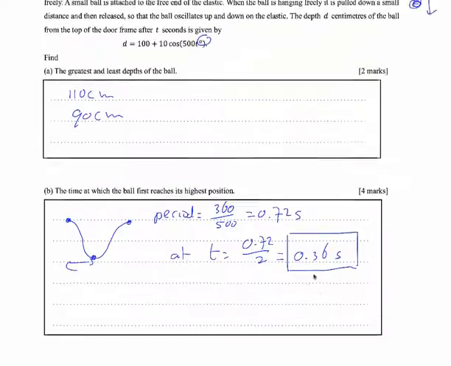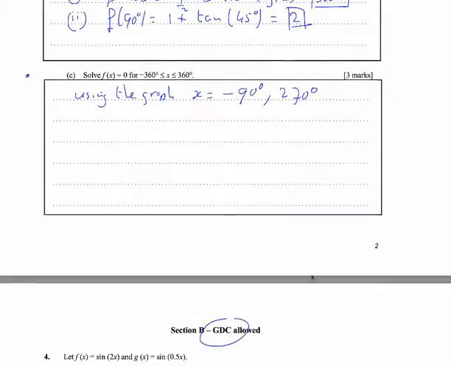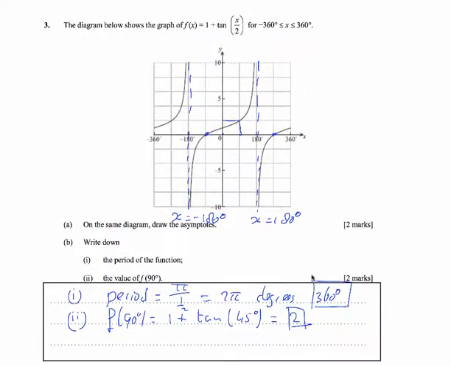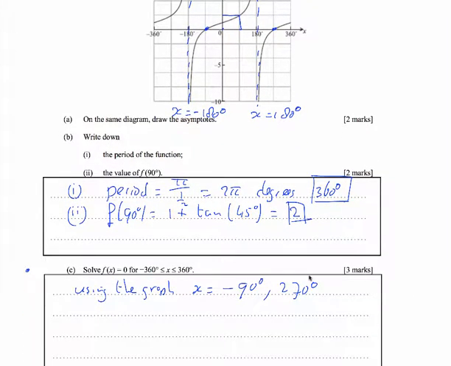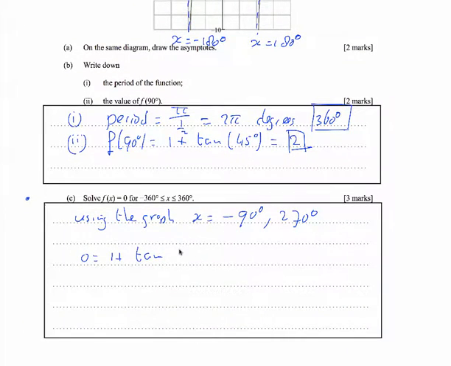Okay, so let's have a look. That's it. I had one question I wanted to check, didn't I? So, which question was that? Okay, so this one. 10, 0 equals 1 plus 10 of x by 2, which means 10 of x by 2 is minus 1.